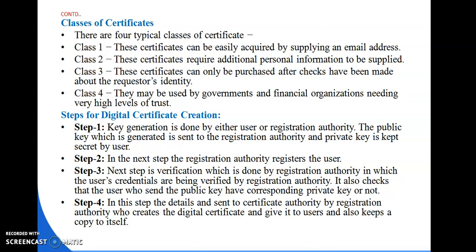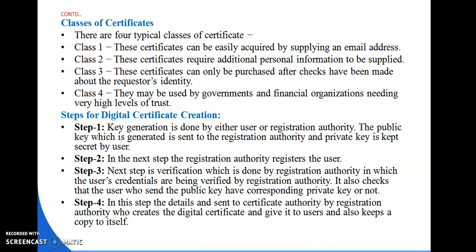Next are the classes of certificates. There are 4 typical classes of certificates: class 1, class 2, class 3 and class 4. Class 1, these certificates can be easily acquired by supplying an email address.